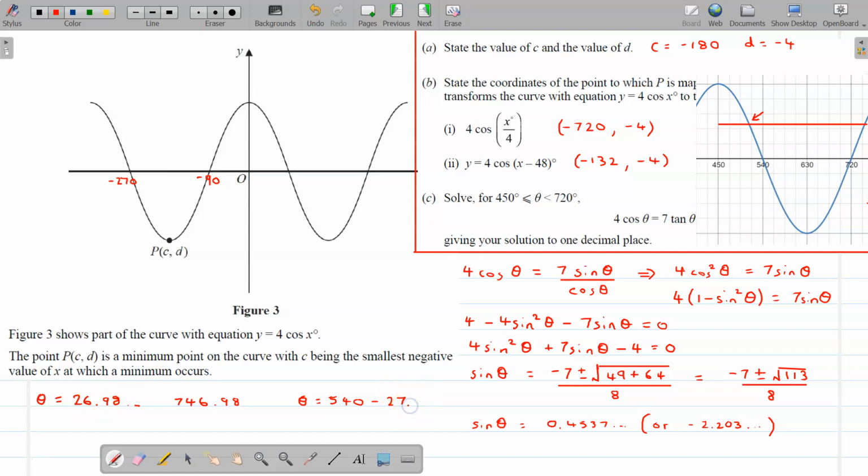That's going to give me 513, and strictly speaking we should write 513.0 degrees to 1 dp, and that is the correct answer. That's the only value of theta. So an unusual problem because of this range that they're giving us to answer within. That's it.